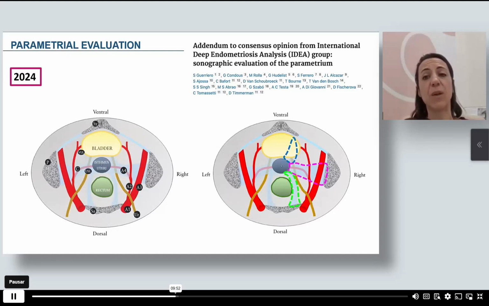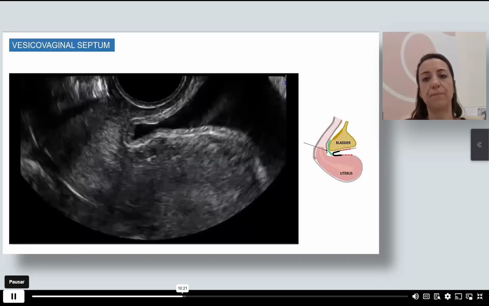In particular, we can assess the ventral parametria, so the structure between the bladder and cervix, the lateral parametria, the structures between the cervix and the pelvic wall, and the posterior, the uterosacral ligaments, the ligaments between the cervix and rectum, and medially the rectovaginal septum.